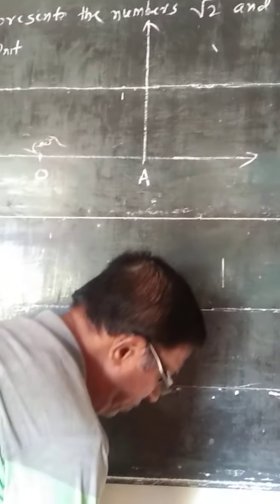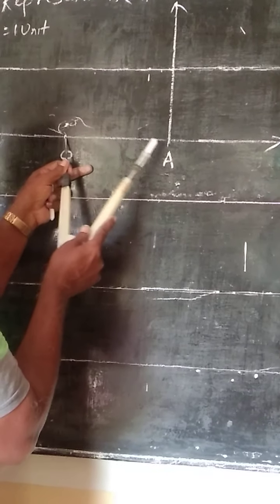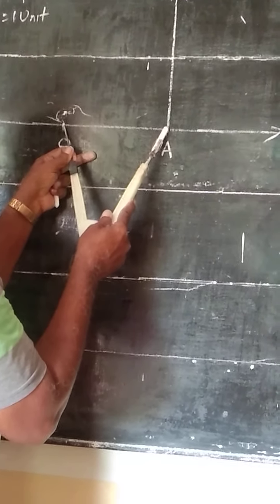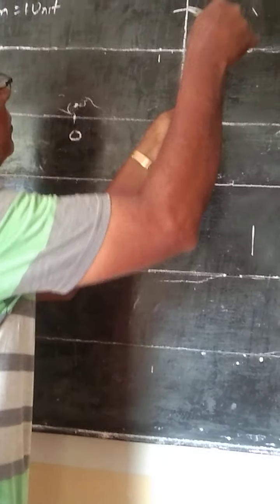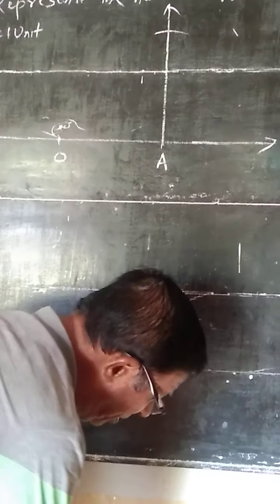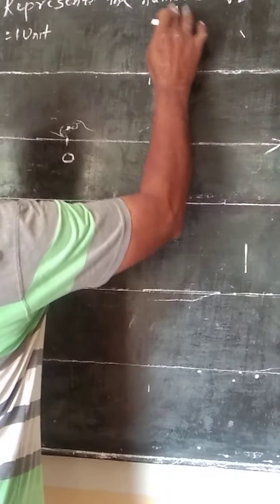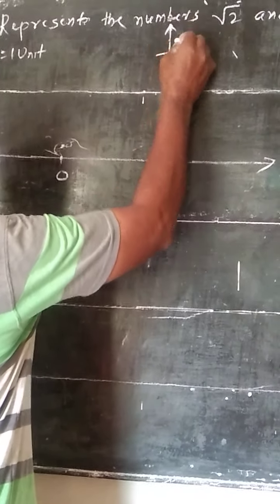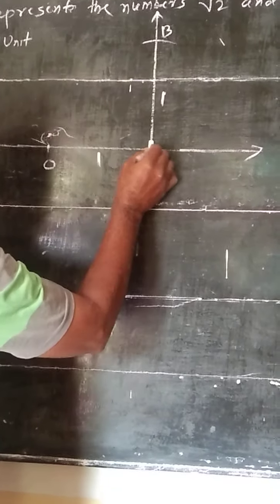So take the distance OA in the compass, put the point on A and draw the arc. Suppose this point is B. This is also 1 unit. This is the right angle.